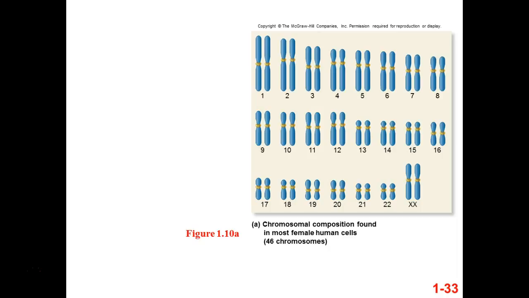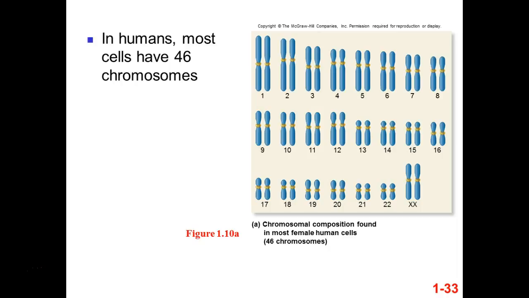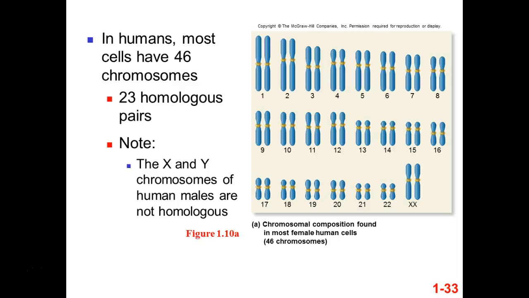So we have 23 pairs of chromosomes, so a total of 46 chromosomes. Size-wise and information-wise, 22 of them are pretty much the same, except for differences in alleles.